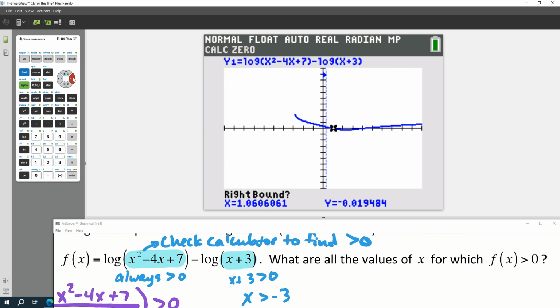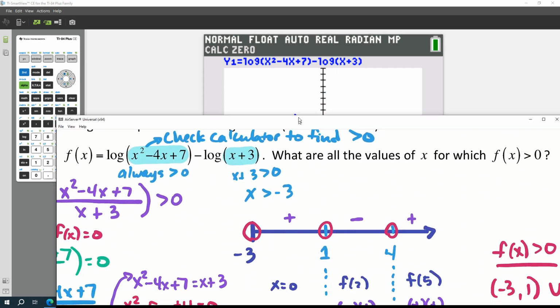Now, when it's not very steep, sometimes it's hard to tell if you've crossed over. So what you can do is see that right now the y is positive. I'm going to cross the x-axis whenever the y changes to negative. So there, I know it's negative, so I can hit enter. And then enter one more time. And so that's going to be the 1. All right.